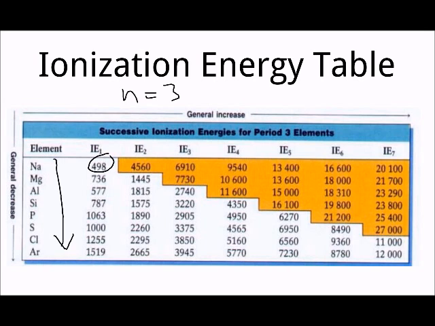So next we keep going down, and then we can see a small drop when we look at phosphorus and sulfur. Phosphorus has a kilojoule requirement for its first ionization energy of 1063, and then sulfur is only 1000. So the drop isn't quite as drastic as it was for magnesium and aluminum, but we still have a drop we need to explain here.